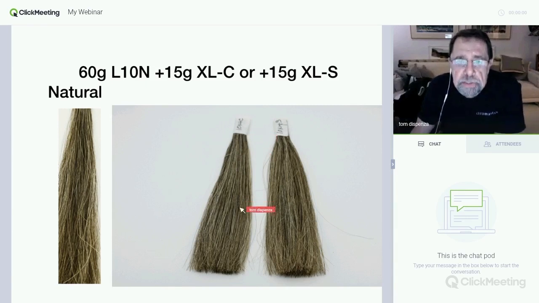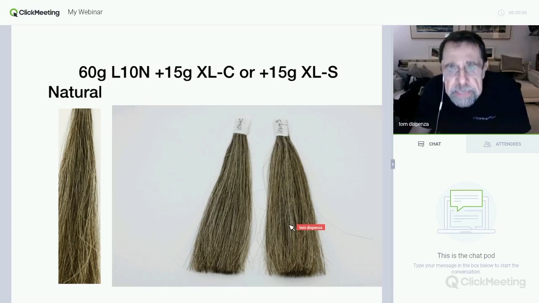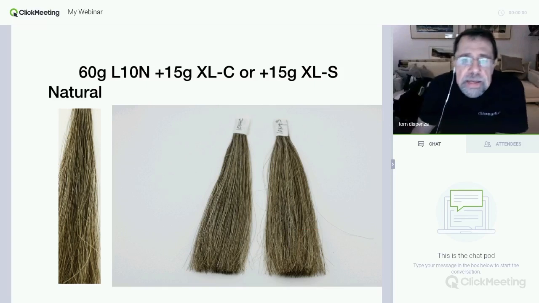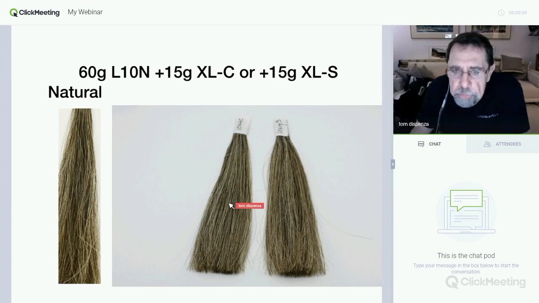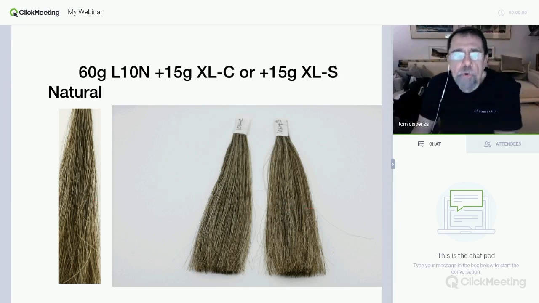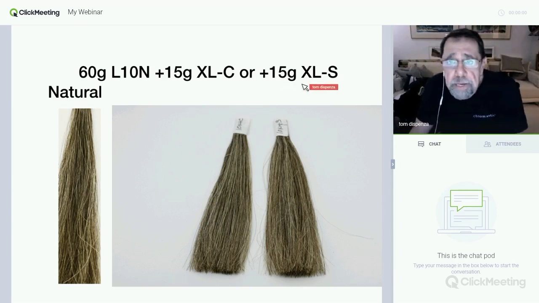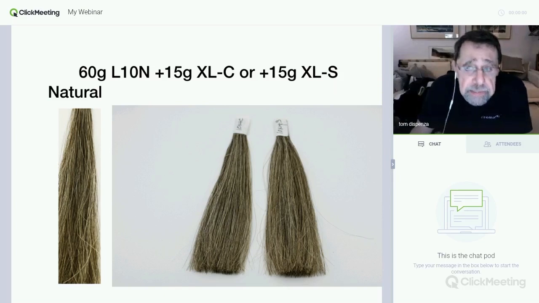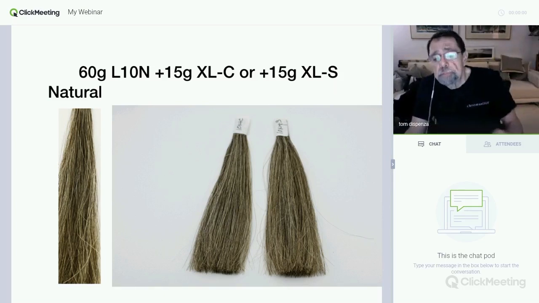So this is the result that I got from number 1 with XL cream. And you can see with the XL Super, I have a little bit lighter of a shade because it did a little bit more of a base break using the XL Super, and the white hair took more of the 10N tone. So I prefer to use the XL Super because I like a little bit extra base break.